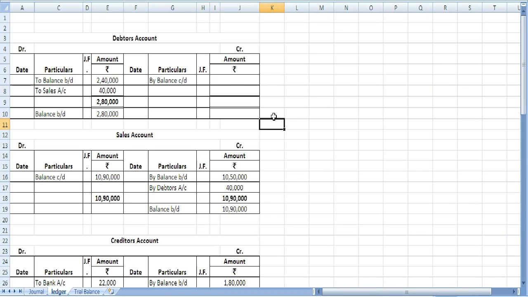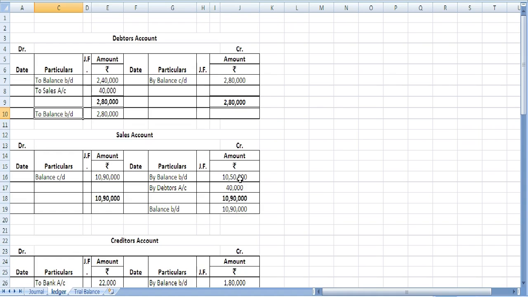So in order to balance this side, we have to bring 2,80,000. We have to write down 2,80,000 on this side, so that both sides will tally. Then this CD will become the BD of the next month. So this is how we have to tally.